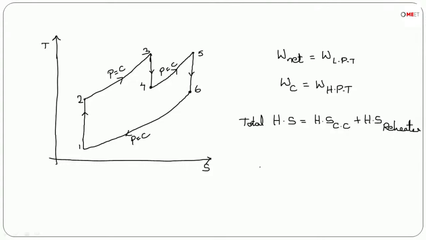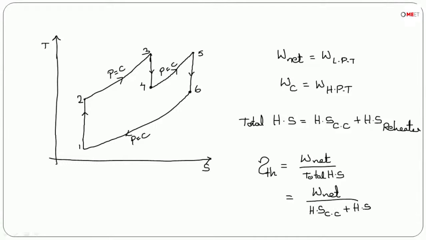So therefore the thermal efficiency will be net work done by the total heat supplied. So that means net work done by heat supplied in the combustion chamber as well as heat supplied in the reheater we need to consider.